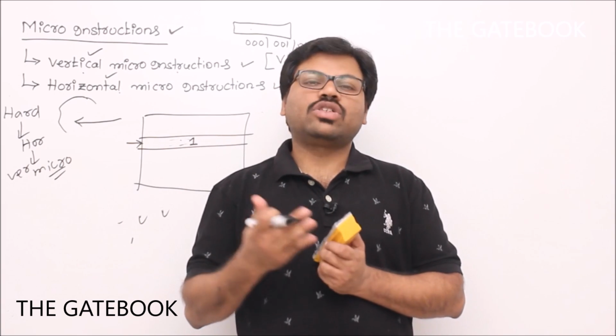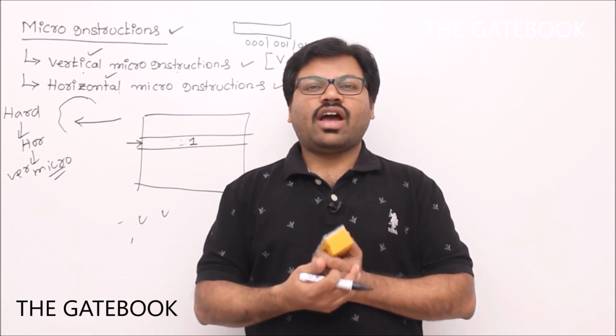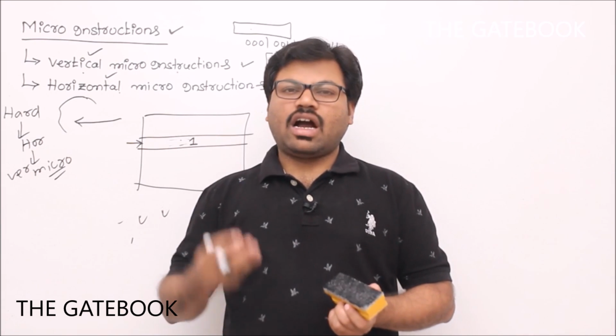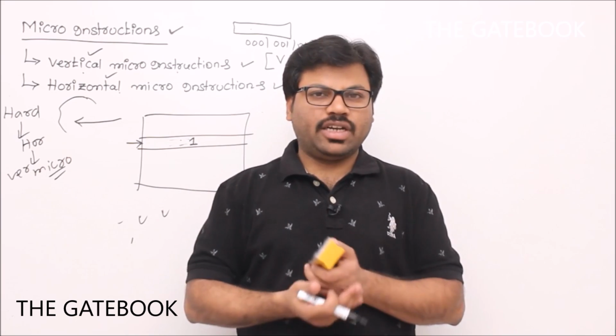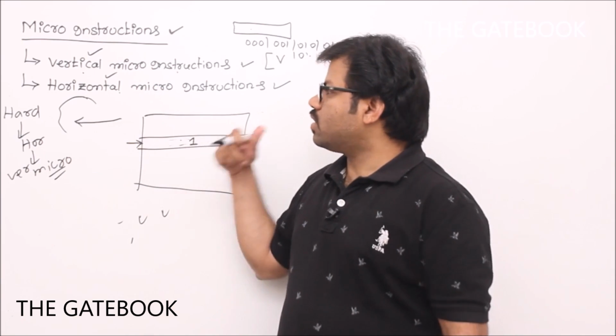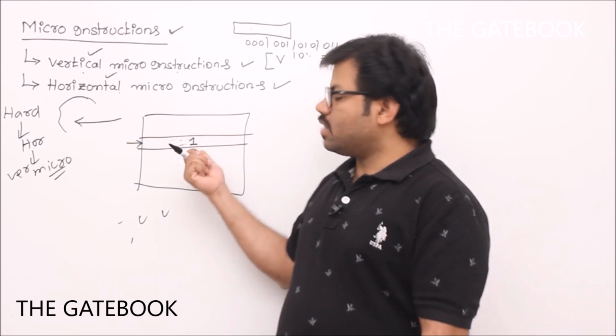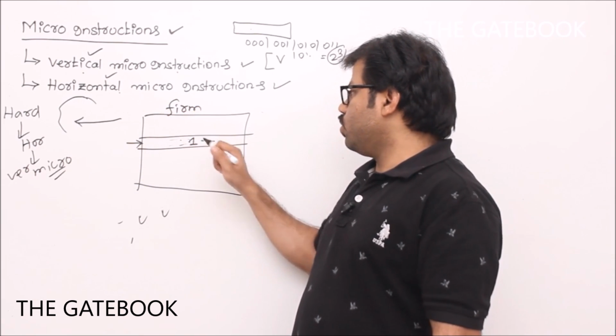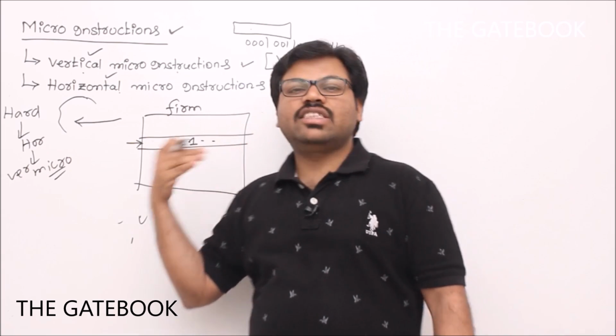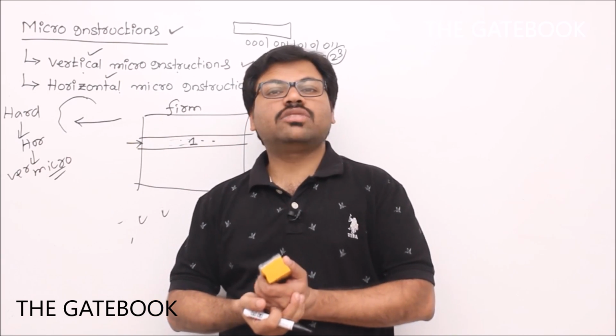It's like a software kind of thing. So if I ask which one is good, hardware or software? Definitely software will have flexibility. Similarly here also, because of the software, not exactly software, it is called firmware. So because of this memory model, you get flexibility, but at the cost of speed.